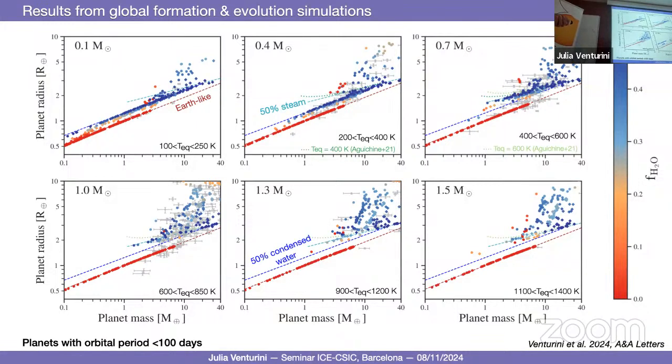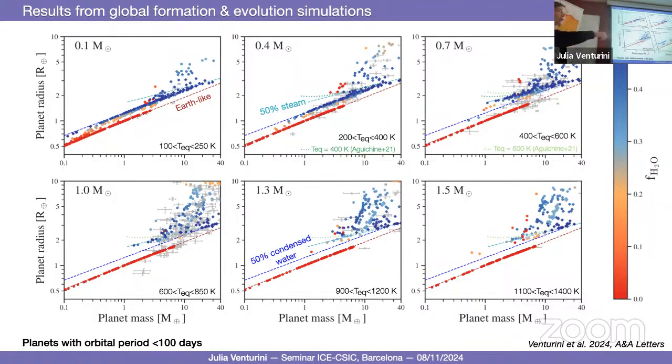One thing that also probably calls your attention is when we look at lower stellar masses, so when we go to M-dwarfs here. When you project to the radius axis, you can see that there is a clear valley, a clear gap.